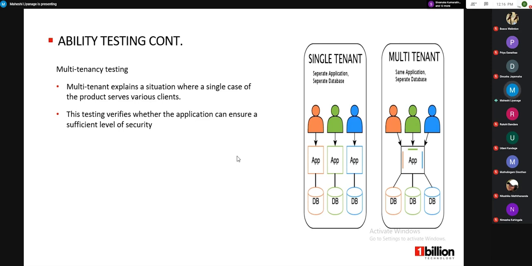And this testing will verify whether the application can ensure a sufficient level of security and access control when multiple users access it in the cloud. So among cloud-based tools, there are tools like CloudTest, BrowserStack, Quorum to test these testing types.